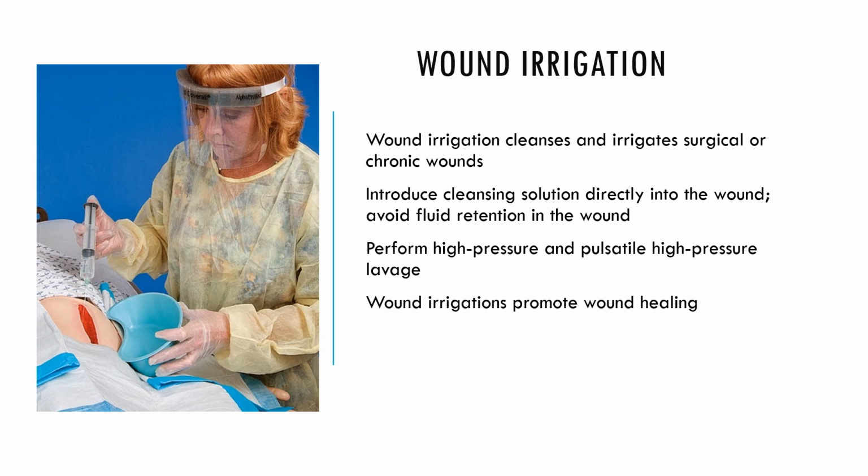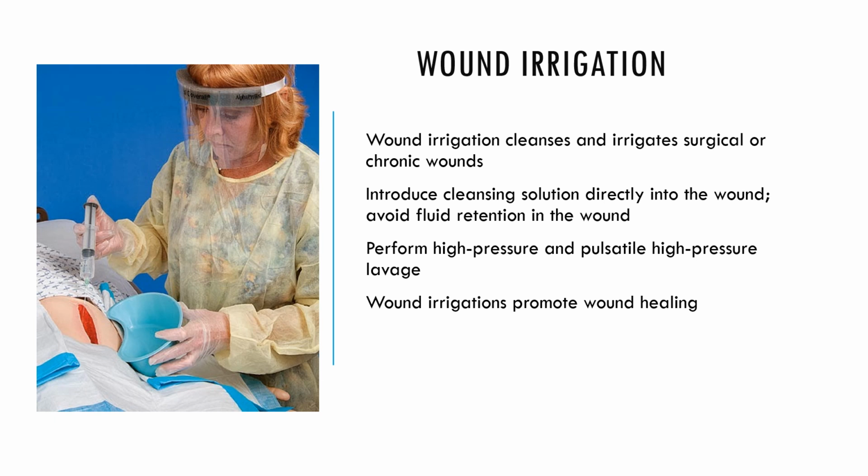The main idea for the irrigation solution is to remove cellular debris and surface pathogens contained in the wound exudate, or residual from topically applied wound care products. So suppose you have applied lots of Intrasite gel and it's painful to swab or wipe with gauze. Then we might use an irrigation.